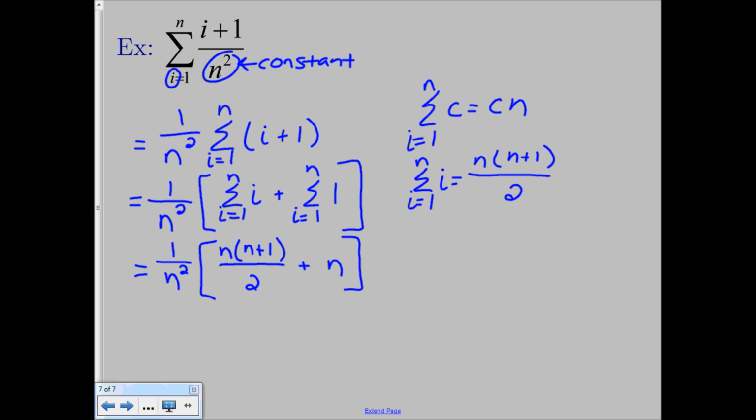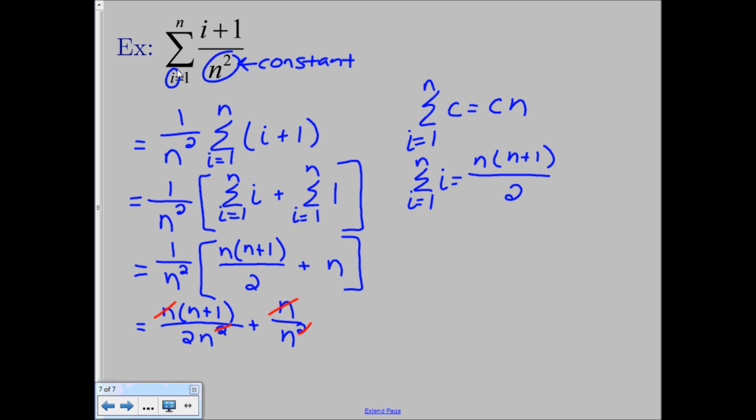And now all we're going to do is multiply by 1 over n squared and simplify. So we're going to get n times n plus 1 over 2n squared plus n over n squared, which if we cancel, we have an n up top here. We can decrease the denominator's power by 1. Same thing over here.